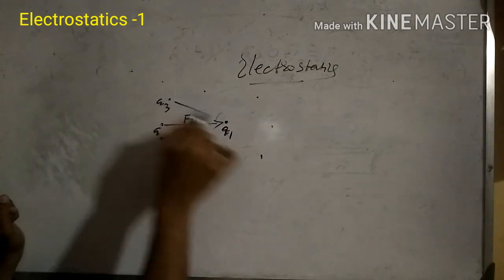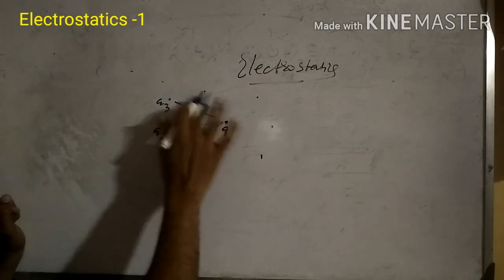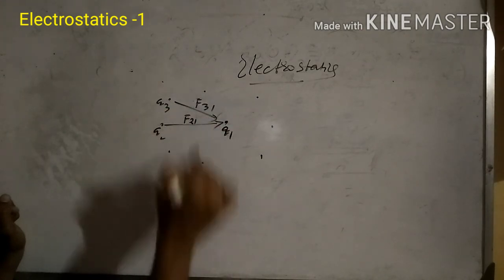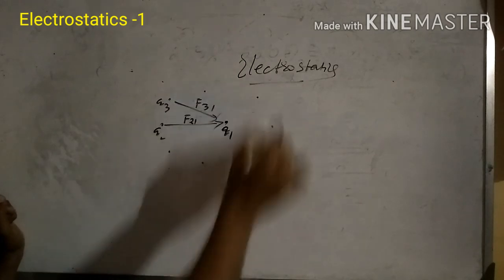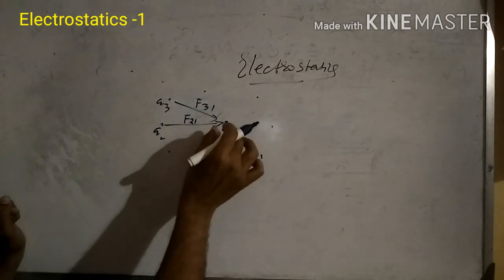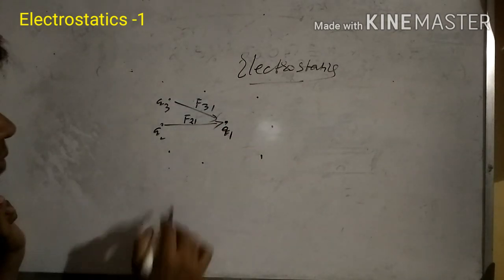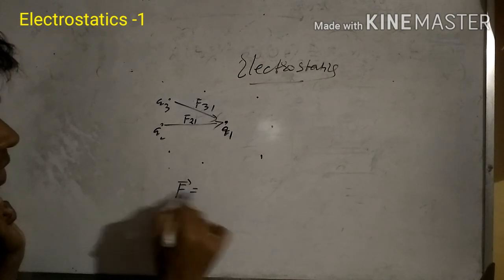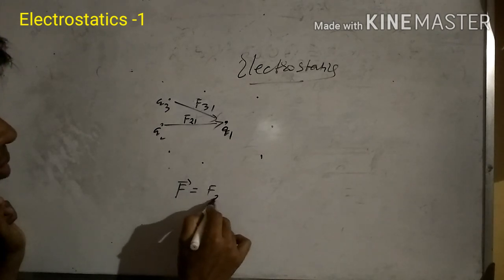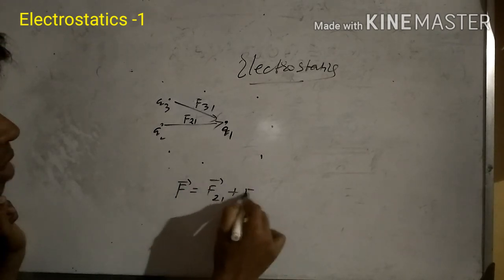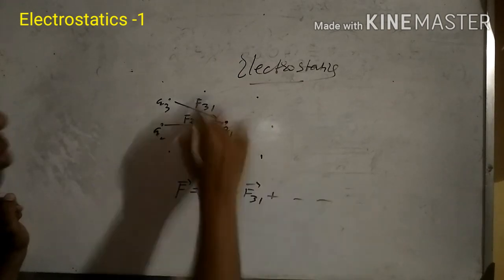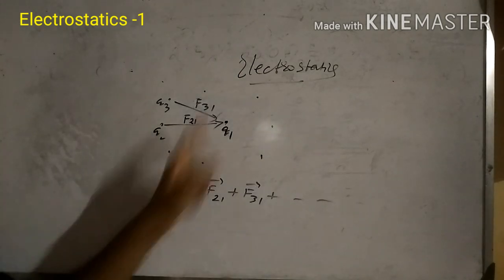Q3 acting on Q1 independently gives F31. So when all the charges act on the charge Q1, the total force is F equals the vector sum, that is F21 plus F31 plus so on, up to whatever the number of charges may be.